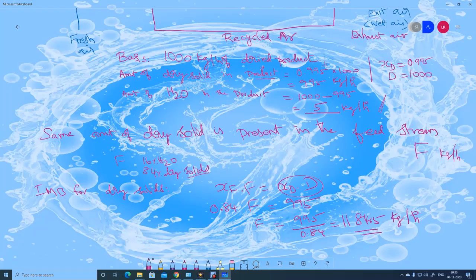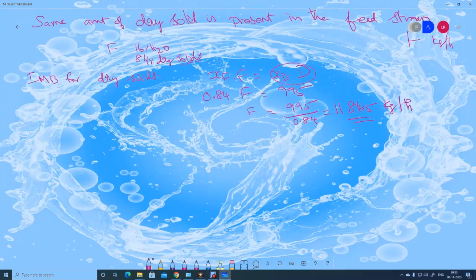So if F is known, we should know how much moisture is present in the feed, right? So we can write moisture present in the feed is equal to 16 percent of F, that is 0.16 of 1184.5 kg per hour.